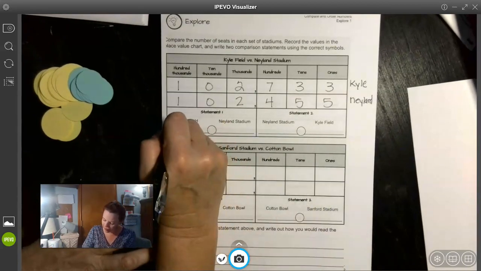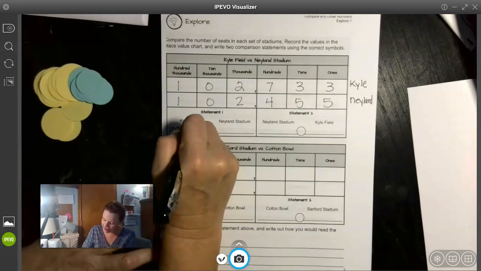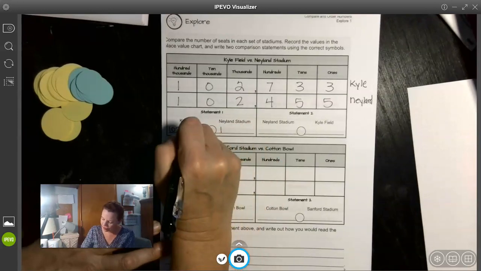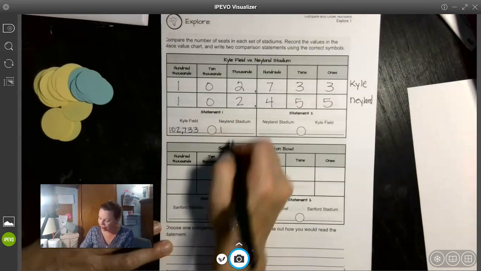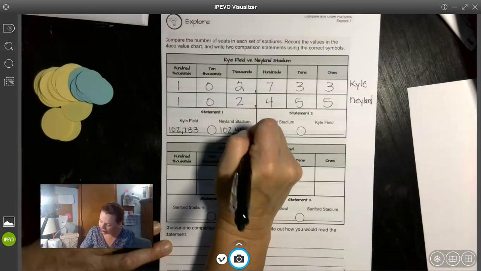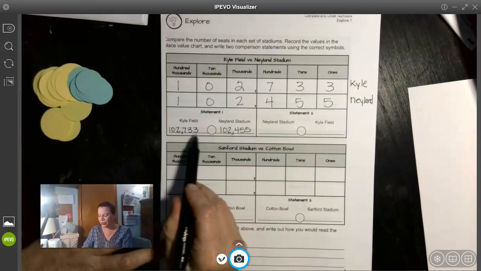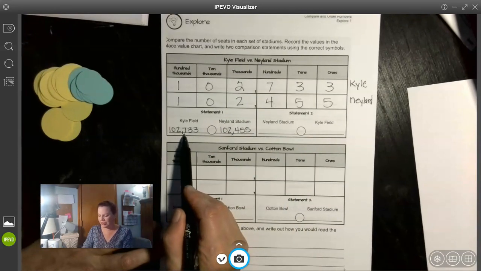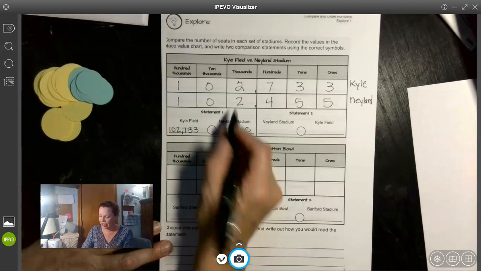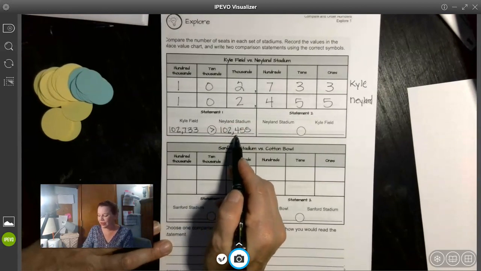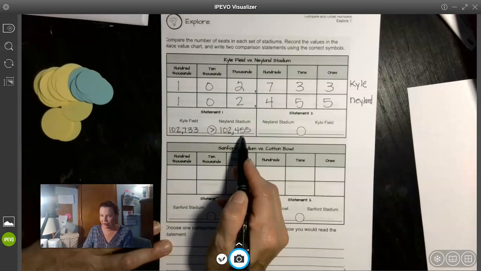So let's write our number over here. 102,733. Neyland is, oh, what did I forget? My comma. All right, so how would we write that in a number statement? 102,733 is greater than 102,455.